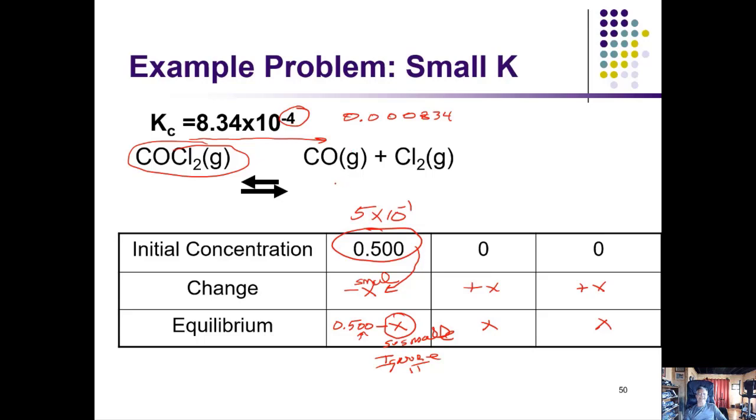There is a 1,000-fold difference between this fairly large concentration and this relatively small equilibrium constant. So the equilibrium constant, K, is 1,000 times smaller than our initial concentration, okay?